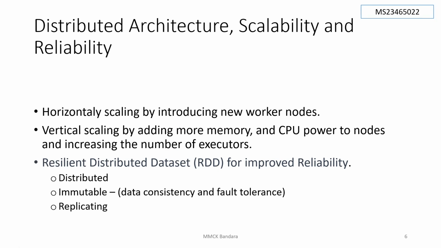So if we move on to the next, we can summarize the distributed architecture along with the quality factors, scalability and reliability. We can achieve a high level of scalability with the horizontal and vertical scaling capability of Apache Spark, and by adding the resilient distributed dataset, the RDD, into the system, we can have a higher level of reliability.